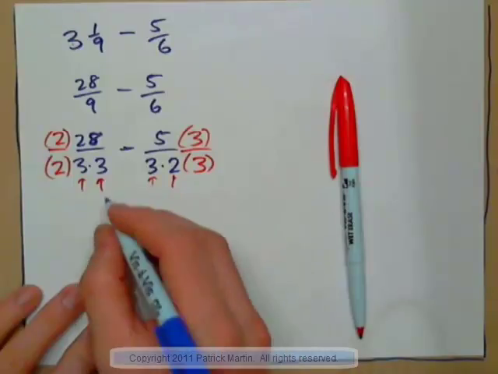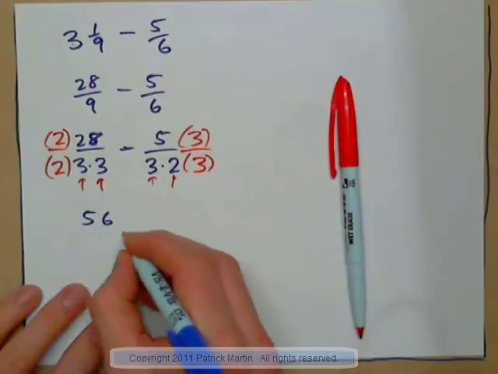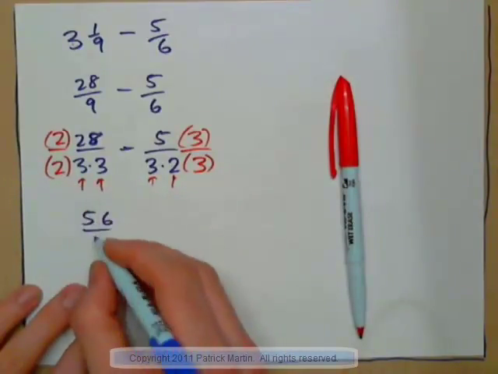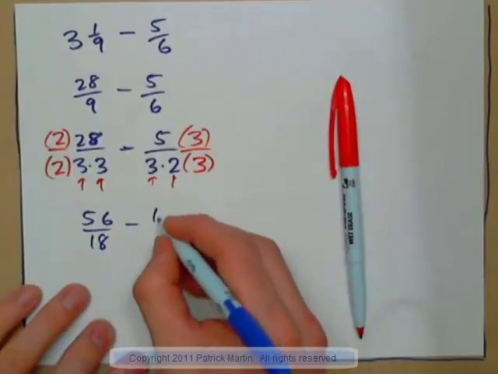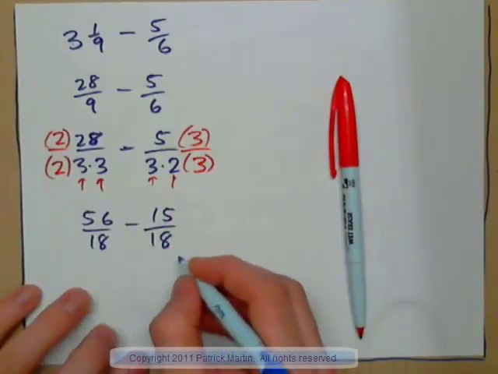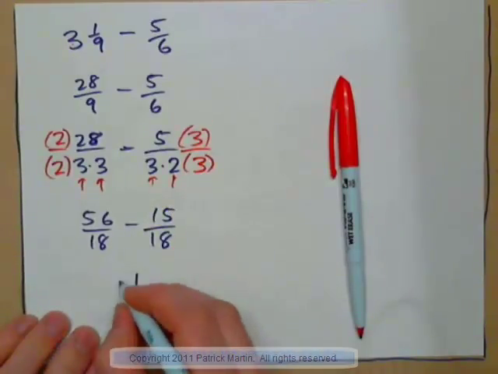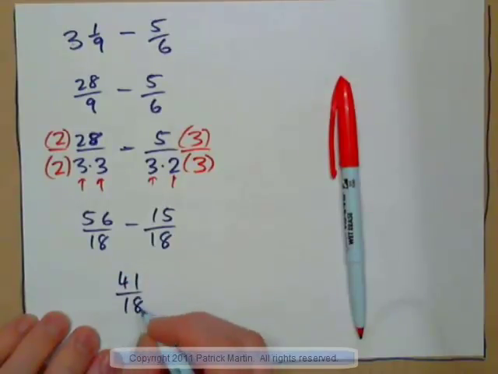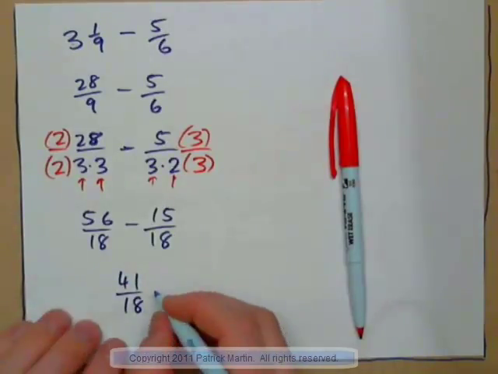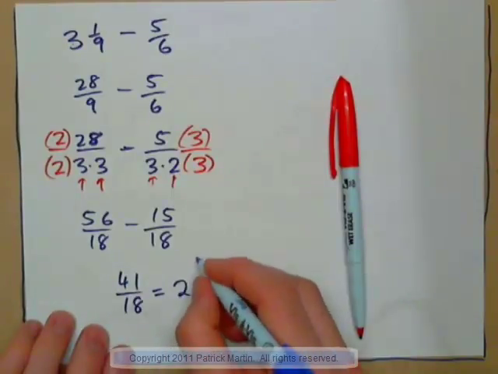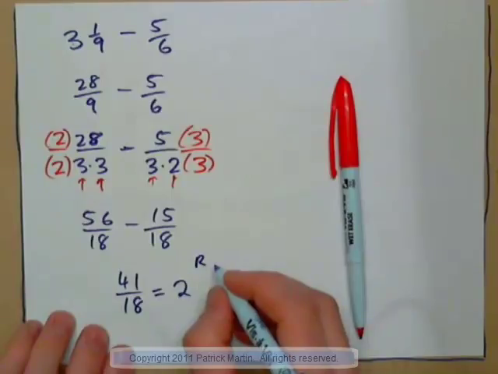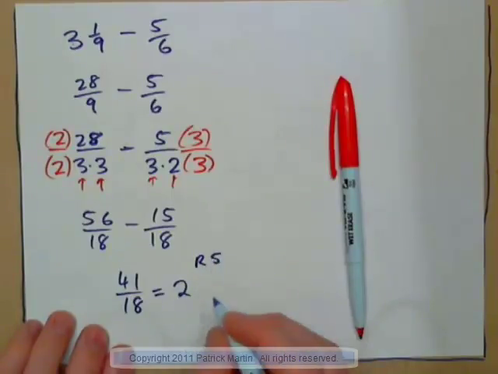And go ahead and solve. 2 times that would be 56 over 6 times 3, which is 18, minus 15 over 18, which gives us 41 over 18, and 18 into that goes 2 times, remainder 5, I think, so 2 and 5/18, so check that.